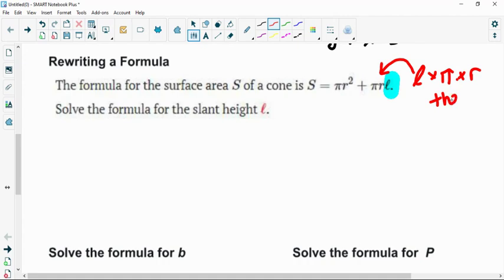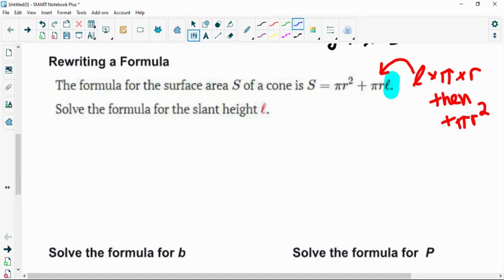Then it's being added to the pi r squared. So let's undo those pieces, moving them to the opposite side to get the L by itself.